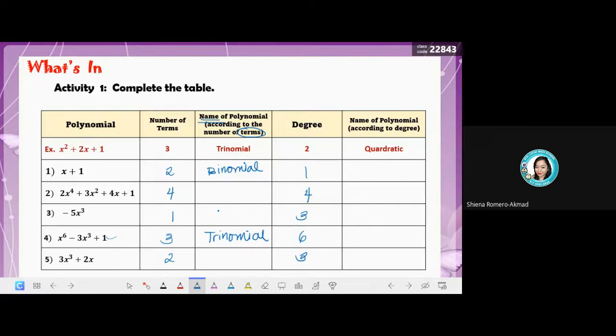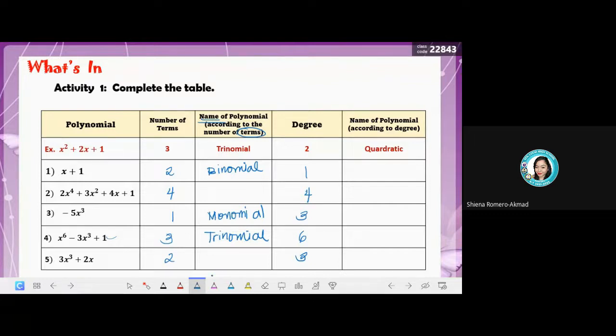Kung isa lang yung term, anong tawag natin dun? Monomial, correct. So for number 3, ang tawag natin dito sa polynomial nito is monomial.